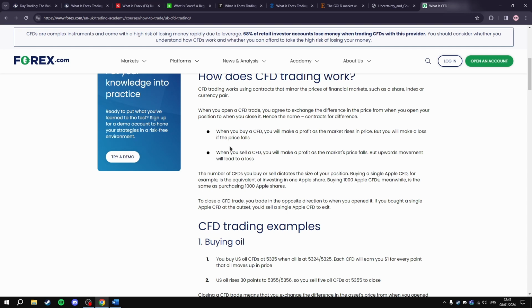But upward movement leads to a loss. I need to get my head around this buying and selling stuff. I get the buying, but I need to clear my head around selling.